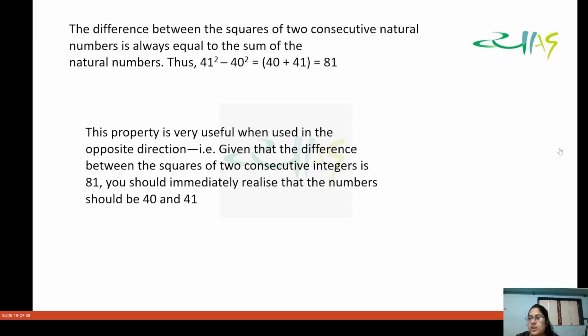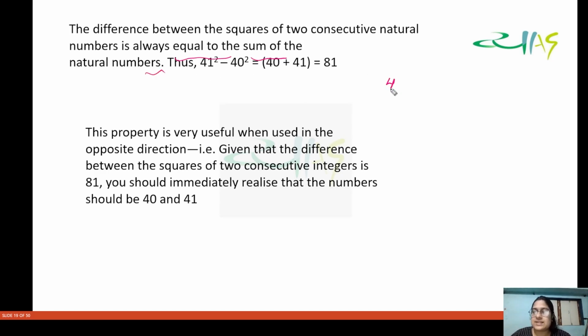Now see, look at this property. This is very important. If you try to understand its significance, it is saying that the difference between the squares of two consecutive natural numbers is always equal to the sum of those natural numbers.